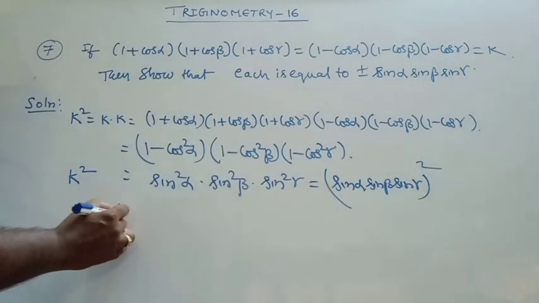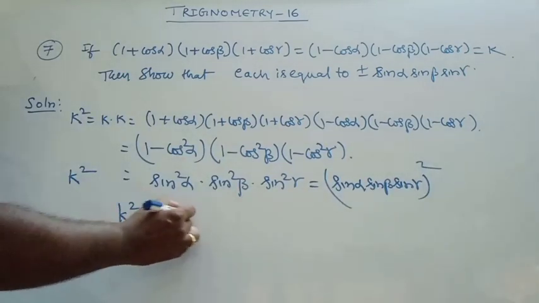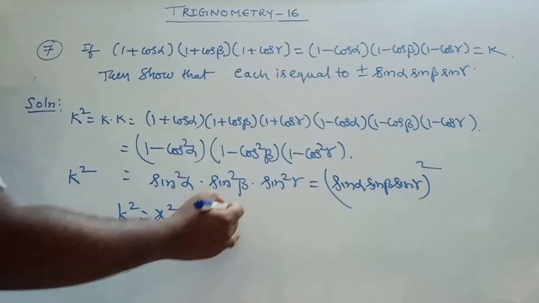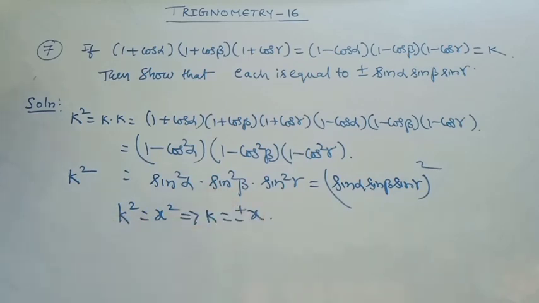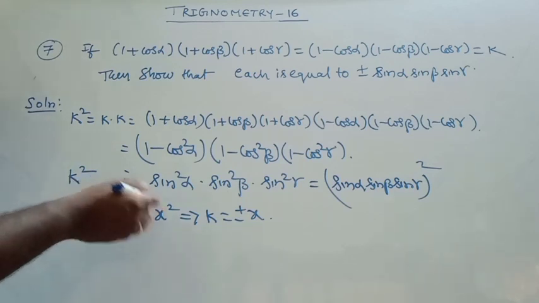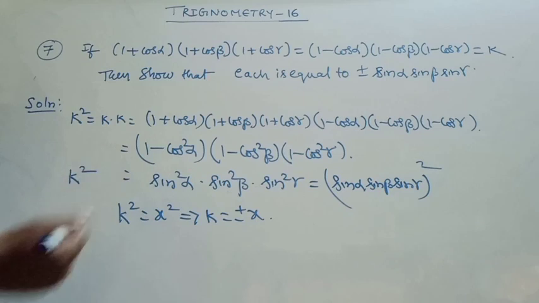If you have k² equal to some x², you will say that k equals ± x. That means modulus k equals modulus x, and from that k equals ± x.